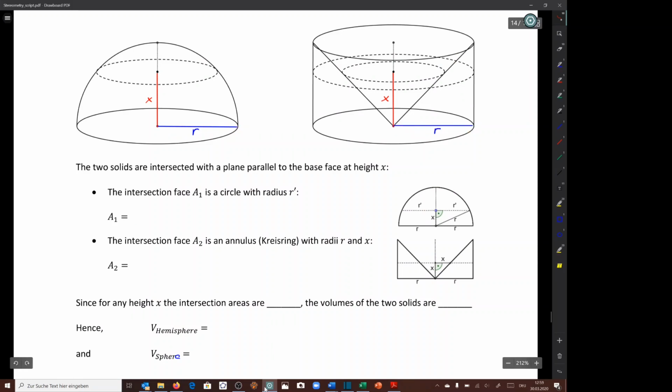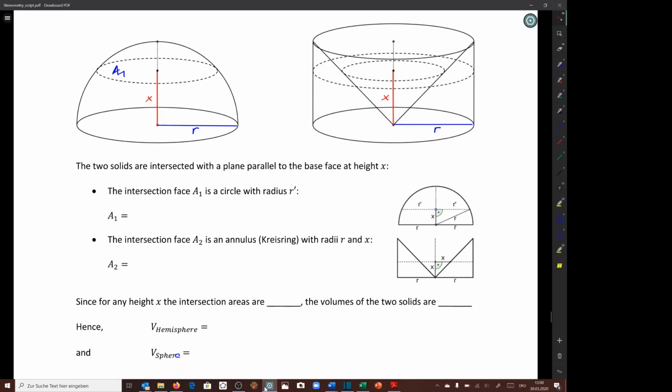We then cut through both solids at the same height x. The cross-section area we get when cutting the hemisphere is a circle. To find its area, we have to find its radius r dash. R dash is perpendicular to x, and we know the length of this line here.